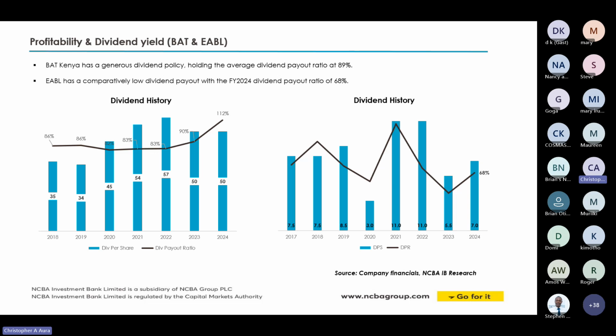Since 2018, they have been paying dividends, but for ABL, their average dividend payout rate is around 68%, and also they have been consistent despite the struggle that they have been facing. So this is just showing you these are resilient counters, and you should also have a look at them.